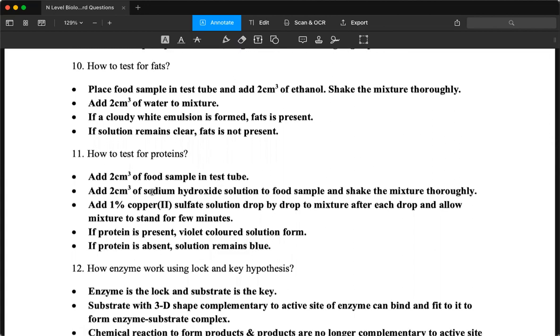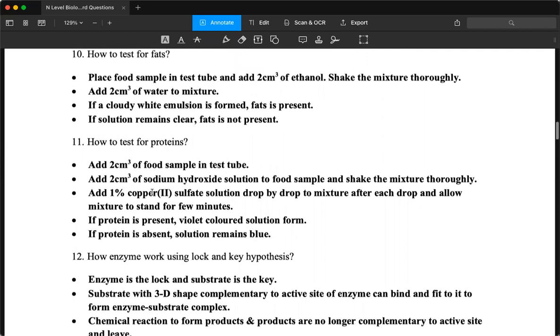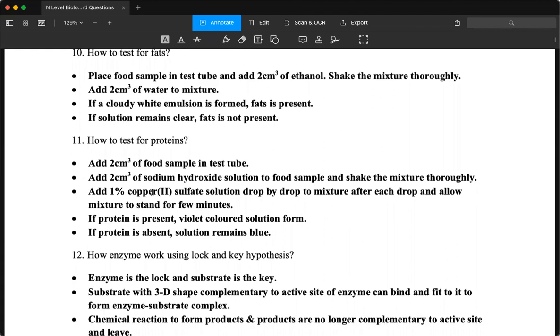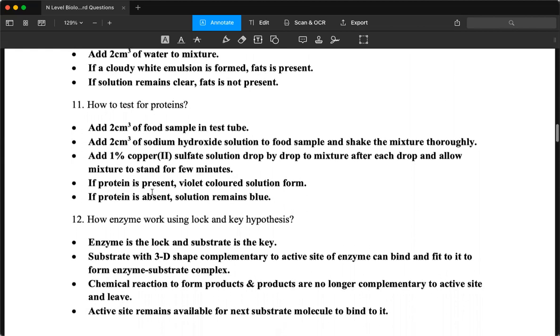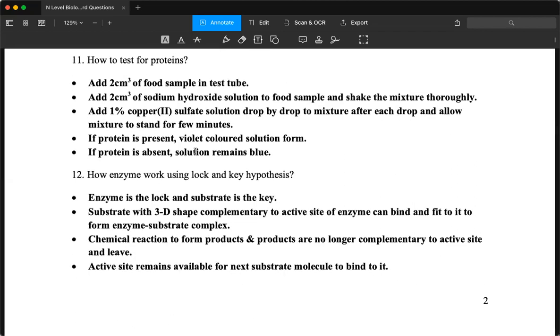Add 2 cm³ of food sample in the test tube, add the same volume of sodium hydroxide and shake the mixture. Add 1% copper(II) sulfate solution drop by drop to the mixture and allow the mixture to stand for a few minutes. If protein is present, a violet colored solution will form. If protein is absent, the solution will remain blue, which is the color of the copper(II) sulfate solution.